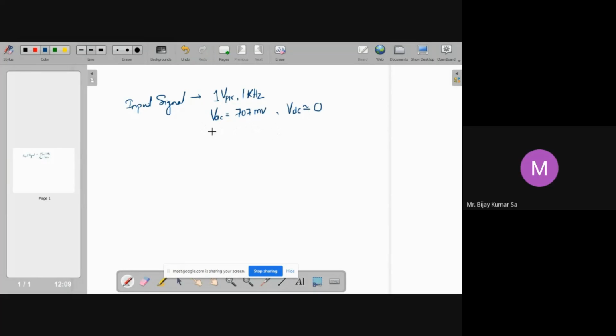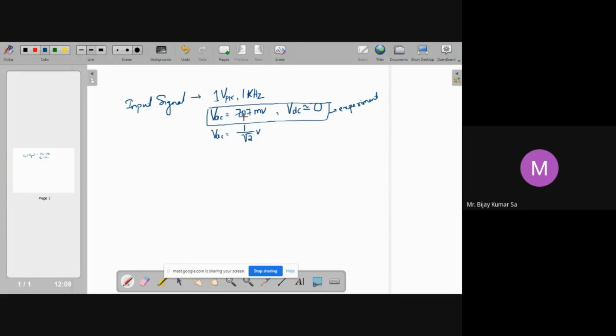Okay. This is from experiment. These values are from the Multisim simulation. That's why we are saying it is from the experiment. Whereas VAC is how much theoretically? 1 upon root 2 volt.